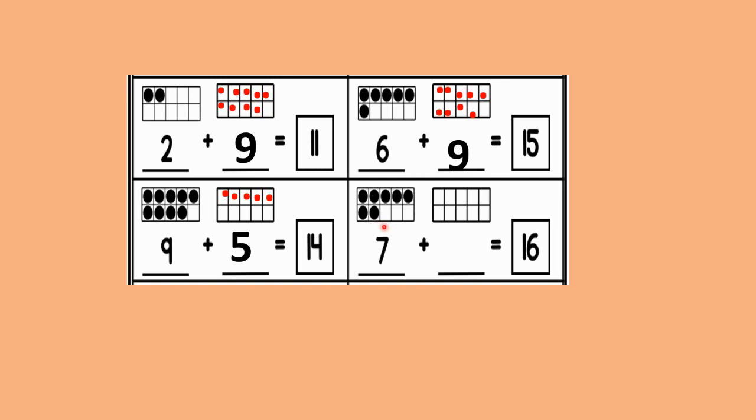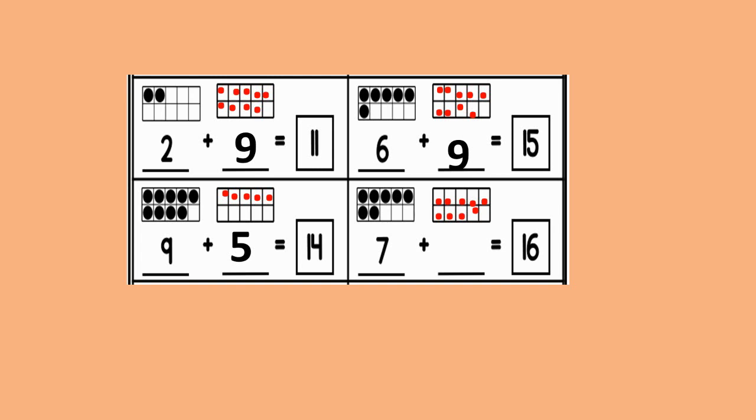Now student, here 7 dot is given and 7 number. Now we will draw the dot till we reach the number 16 by counting forward. 8, 9, 10, 11, 12, 13, 14, 15, 16.